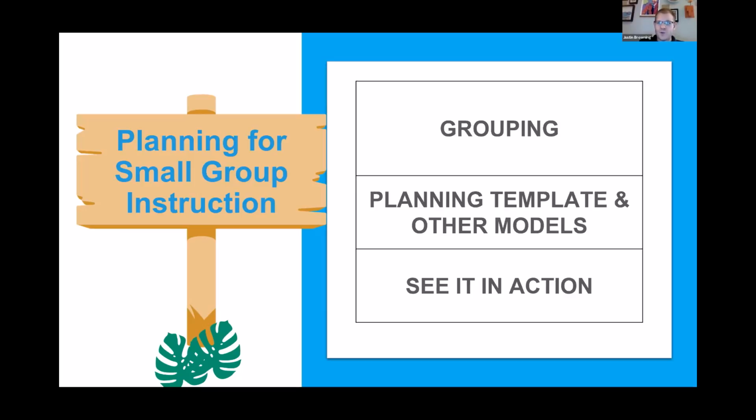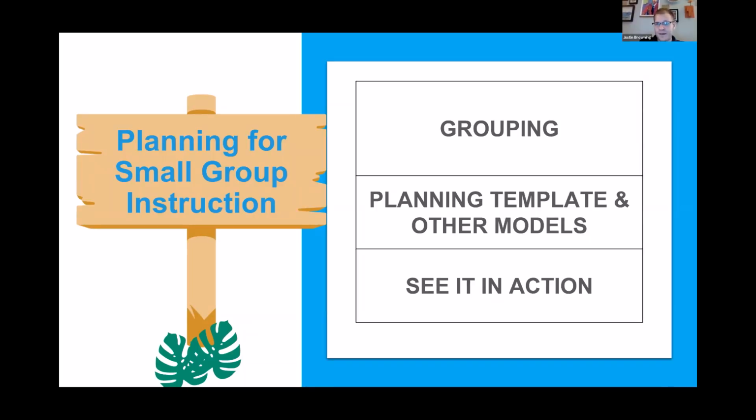Oftentimes we create grouping matrices, I guess you could say, where we have 4 groups, we have them for 15 minutes, and we see them every day. I want to push your thinking, and I want to encourage you to come to the assessment course next week to learn how we can assess students to identify their area of need and then to form groups based on those needs.